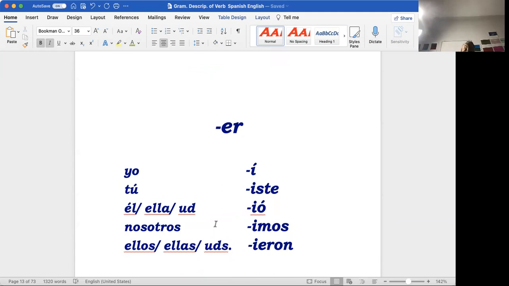Now, like I said, unless the context tells you, you might sometimes have to put the él, ella, usted comió, or ellos, ellas, ustedes comieron, because all six have the same endings. Okay, so it's comí, comiste, comió, comimos, comieron.